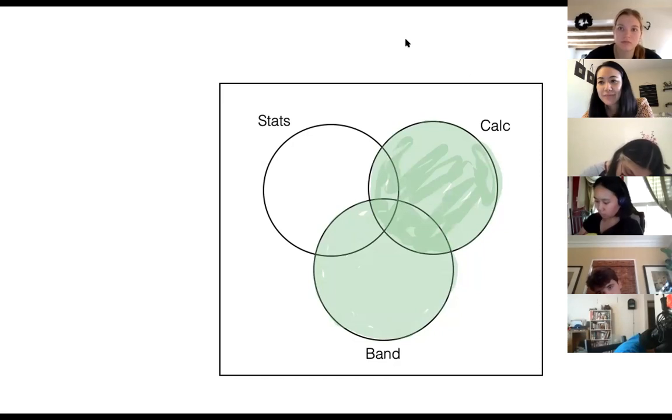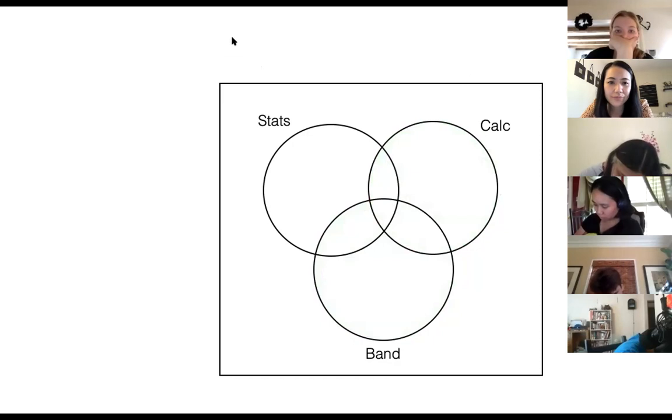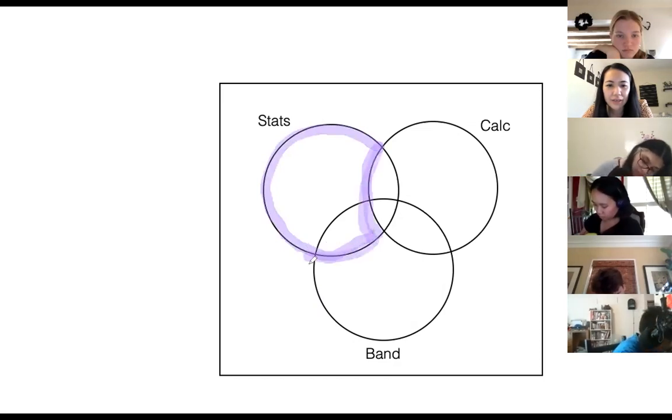Statistics or band would be these 2 circles, and I would shade the whole thing just like number 1, except I want nothing with calculus. So I don't want anything inside my calculus circle. So I am looking at just these regions right here.